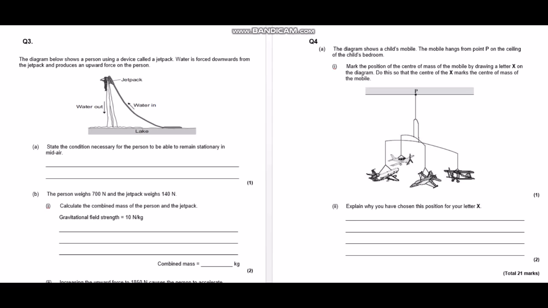Okay, so whenever you're trying to find the centre of mass, what you need to consider is where the point it suspends from is. We can see it's suspending from point P, and so we need to make sure that where we draw this X is directly below the suspension point.